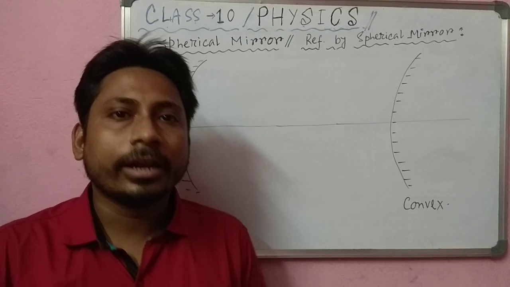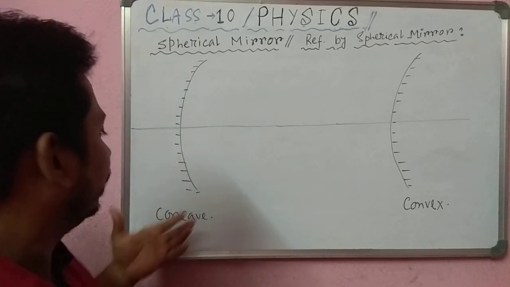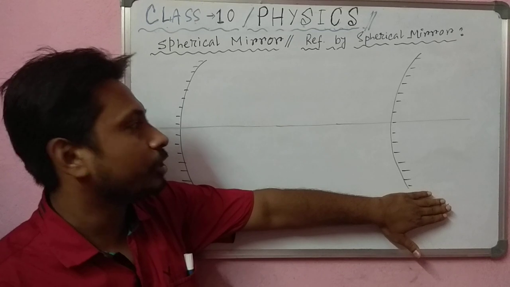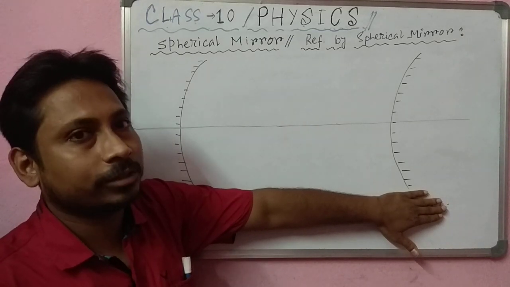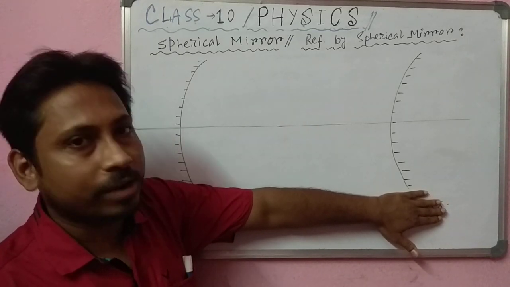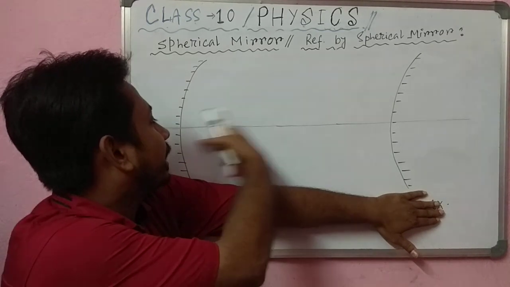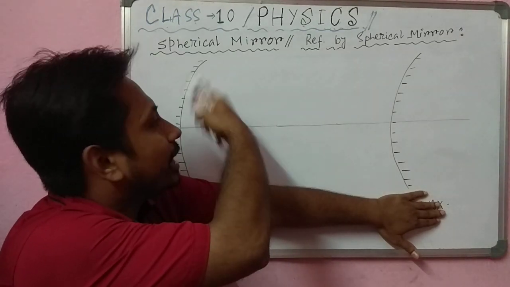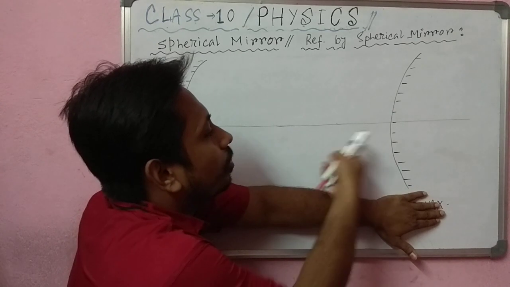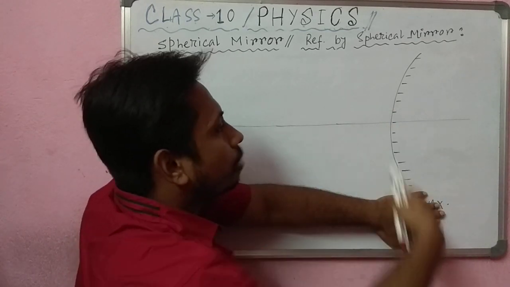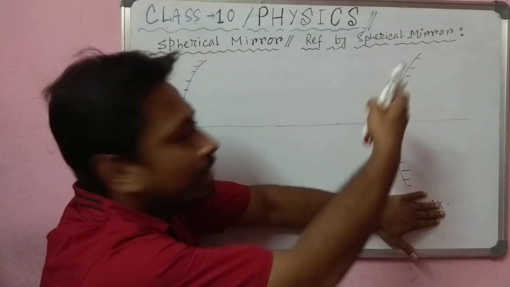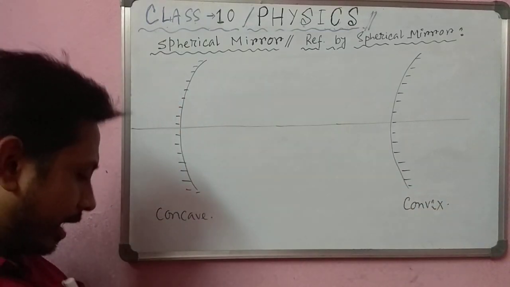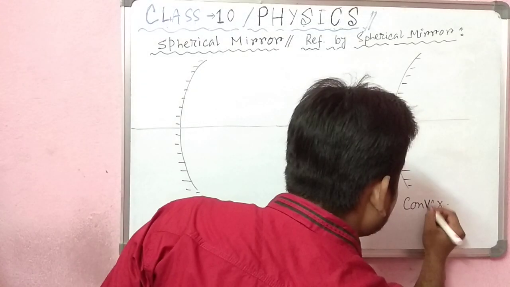Okay. Now students, see, there are two mirrors I have already drawn. You tell me which one is concave and which one is convex. See, this is a cave-like structure, so you can say this is concave. And here there is no cave, the outer part is the reflecting part, so this is convex.